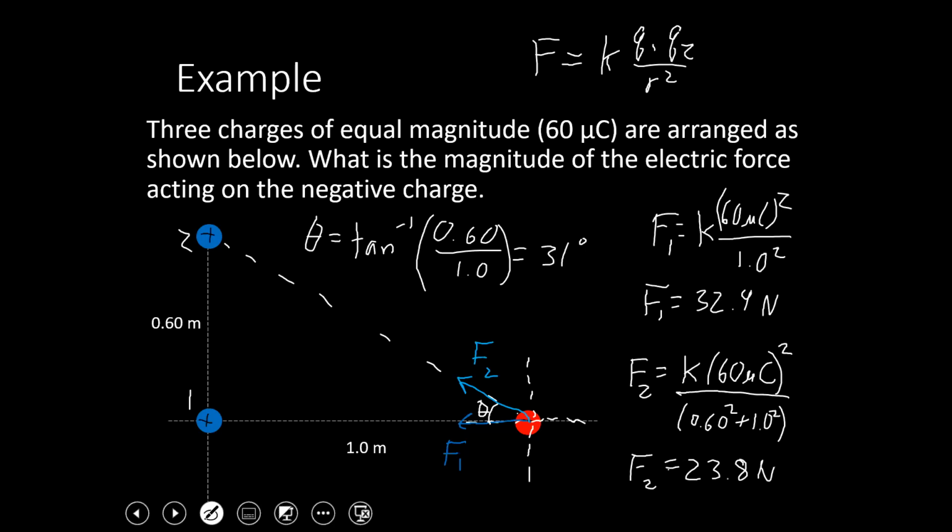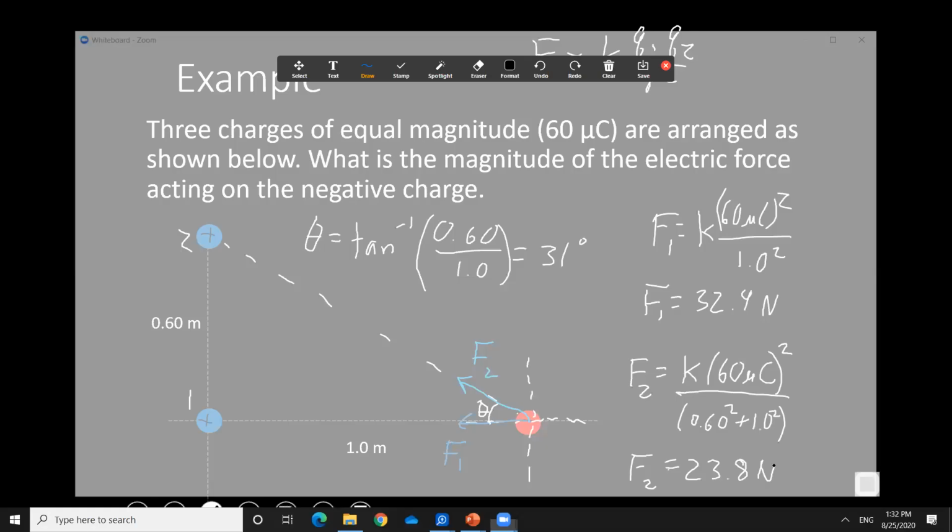So we're going to have to do a little bit of trig here, a little bit of vector addition. So let me switch over to the whiteboard here. Let me draw this again. So I'm going to draw my axis.